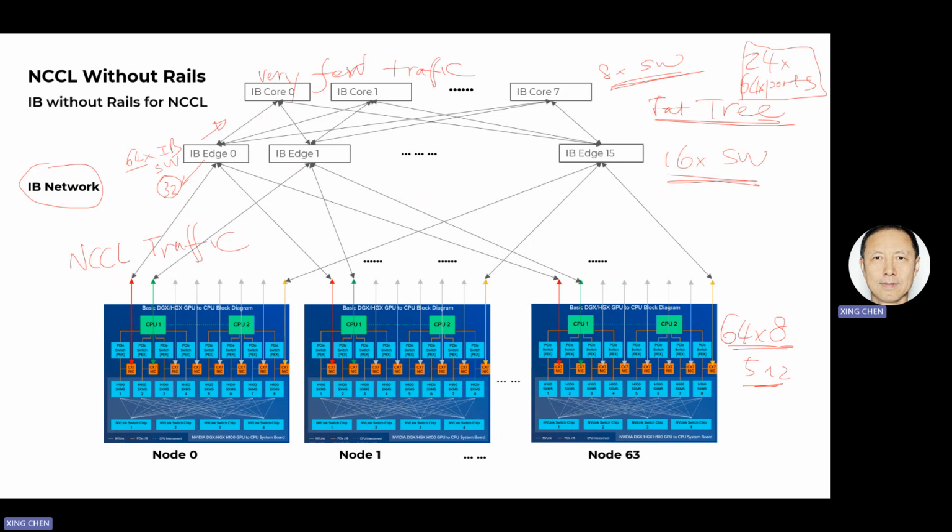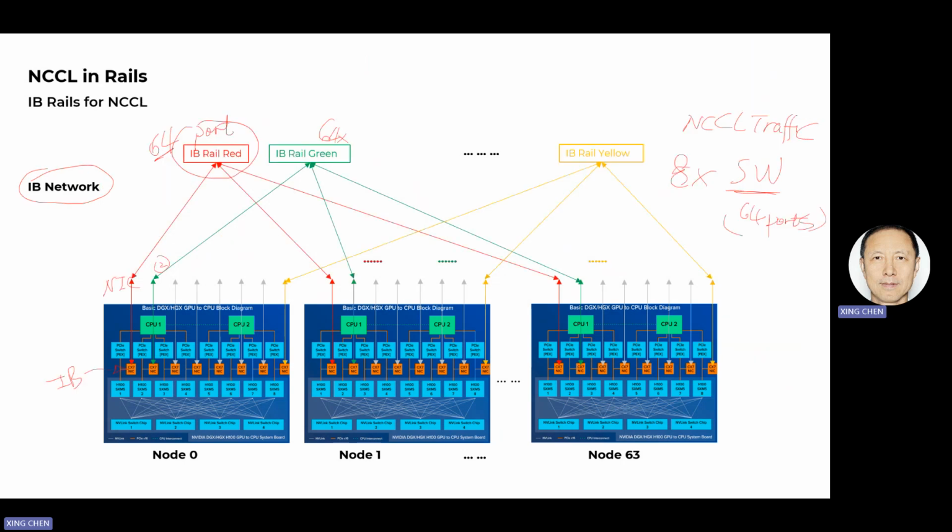So after we have understood that this kind of NICO communication has been designed to be separated into rails, that means for us, for the system vendors and the suppliers of the systems to the users, you can choose to use this kind of network.